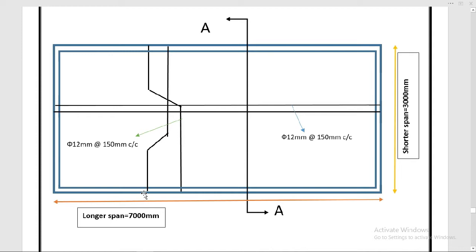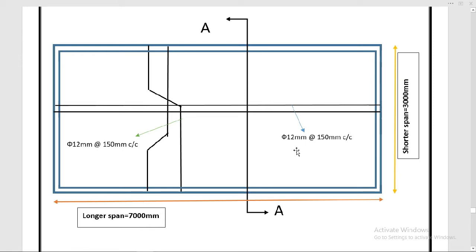So this is the main bar provided with one bend, called alternate bending with main reinforcement. And these black ones show the distribution bars provided. These distribution bars are straight bars. There is no bend in the distribution bars.